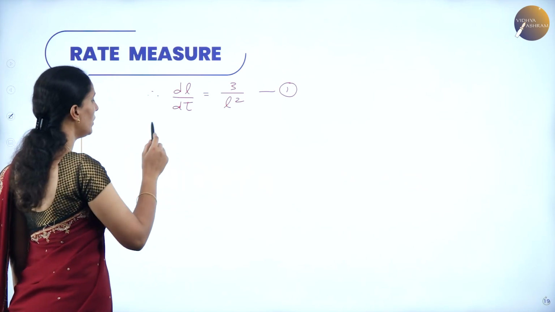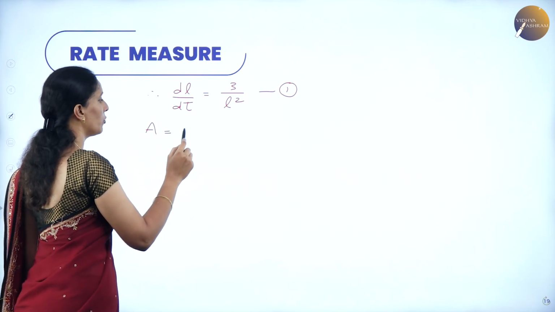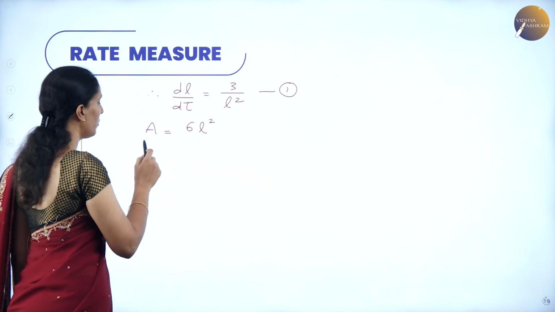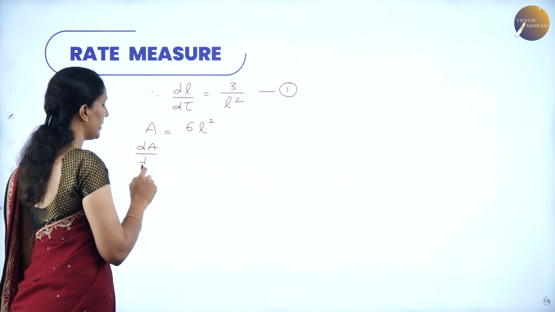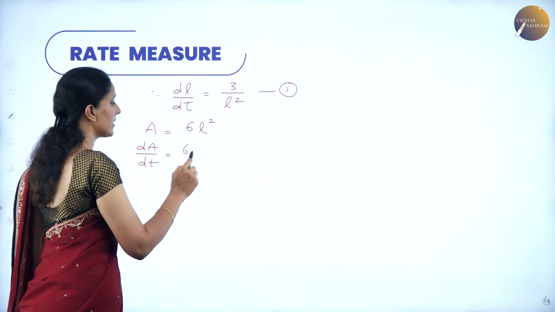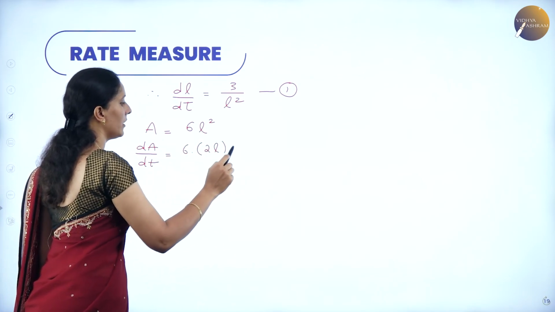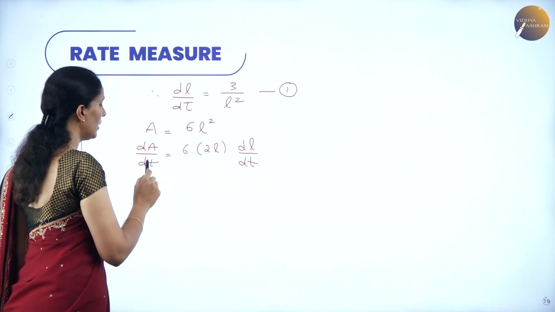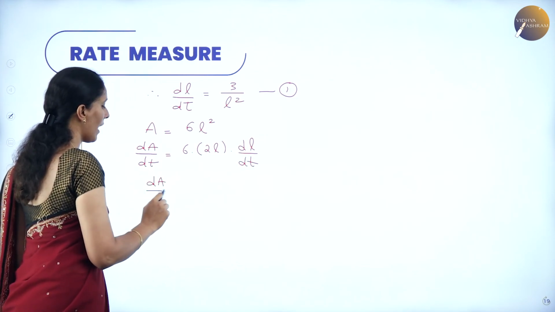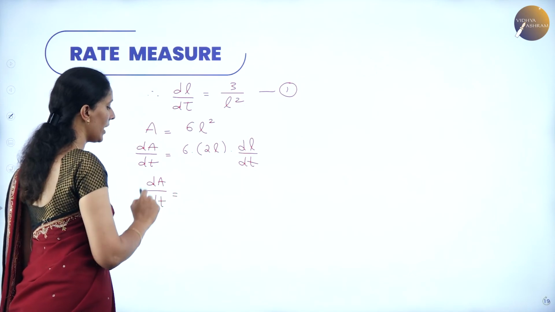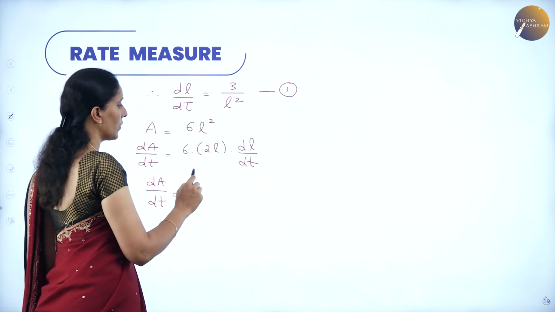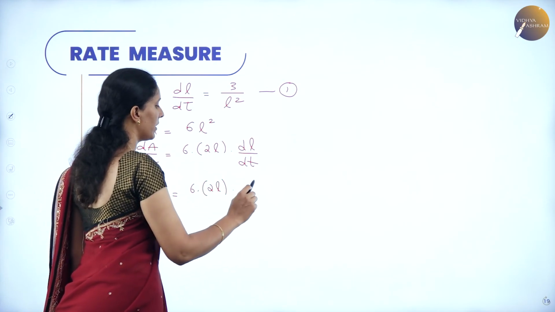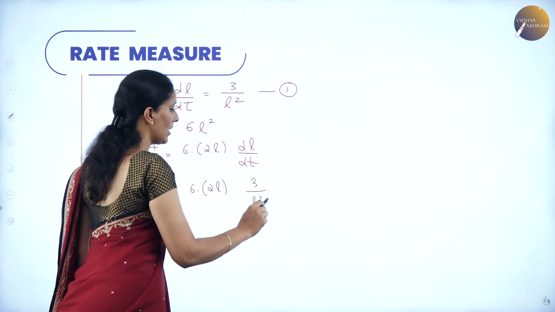Now, we know the total surface area of a cube is 6 times L². So, if you take dA/dt, then this is 6 into 2L into dL/dt. Now, here dA/dt we have to calculate, that is change in area with respect to time. So, here dL/dt can be written as 3 divided by L².